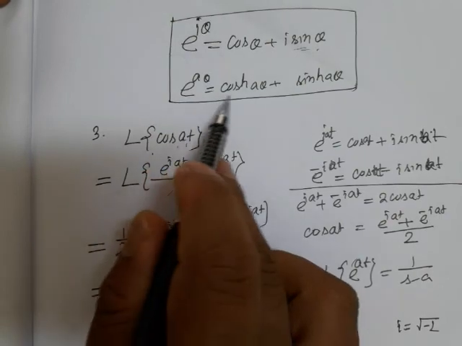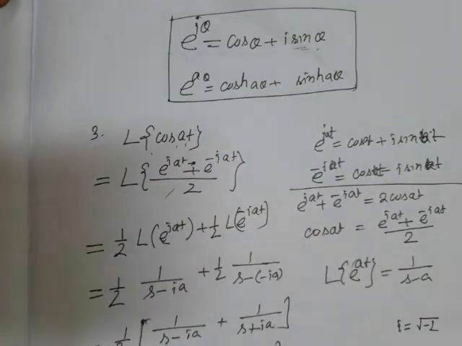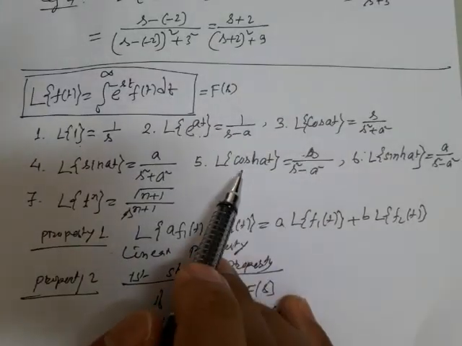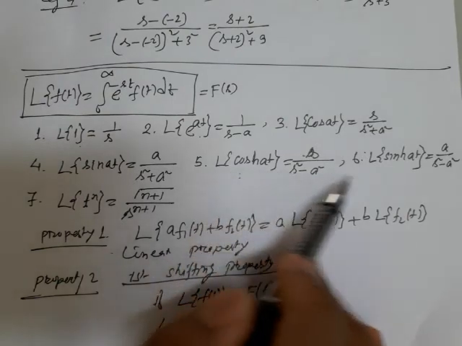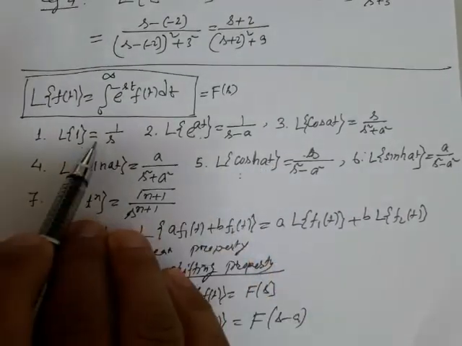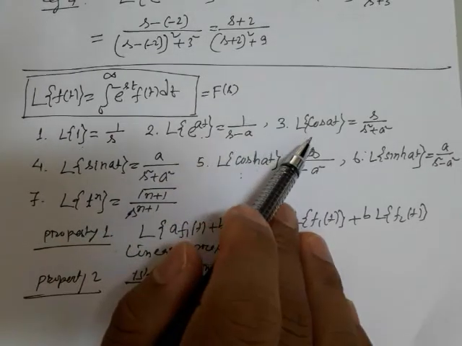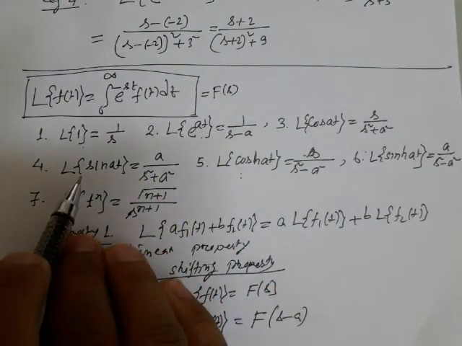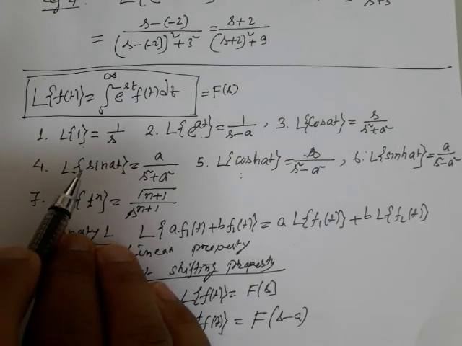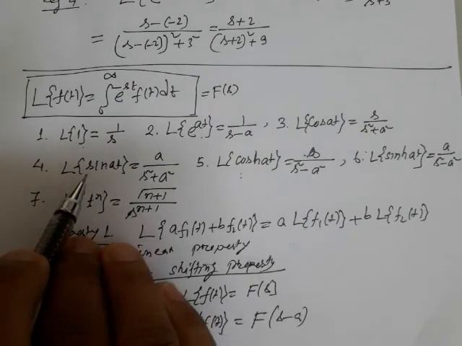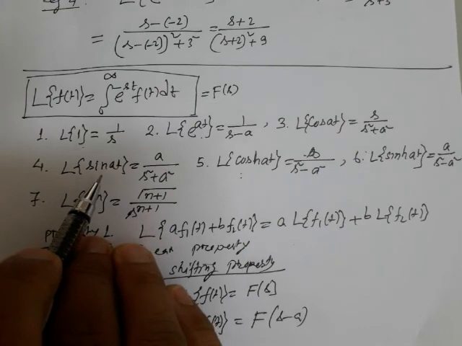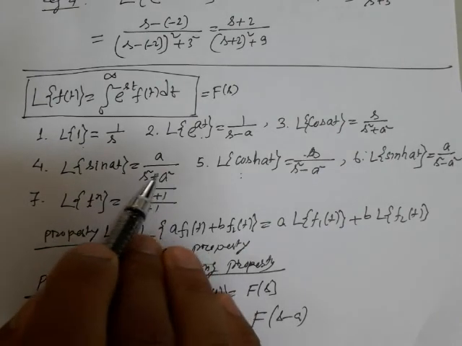Using this formula we can complete these derivations. I have derived L of e to the power a t and L of cos of a t, so do the remaining one yourself. Prove or derive this formula using the formula I have already given.